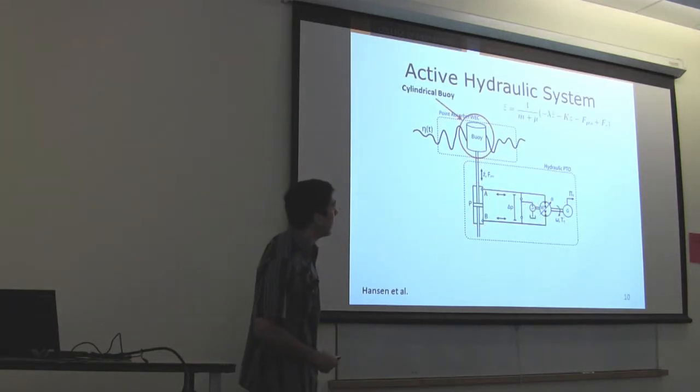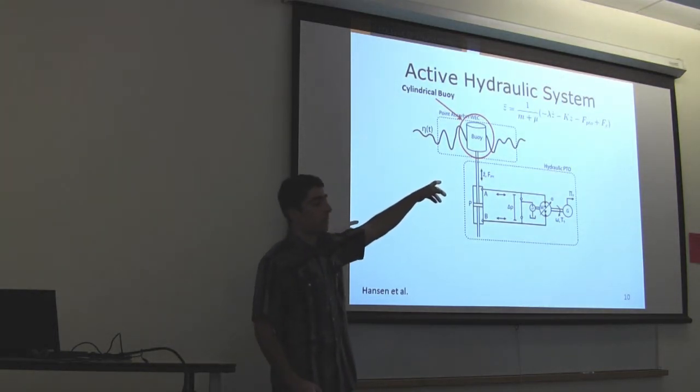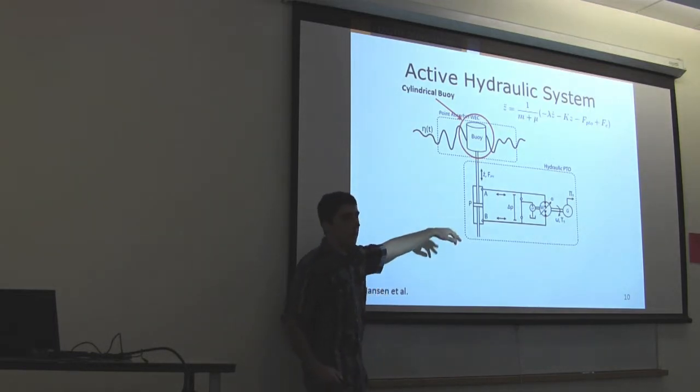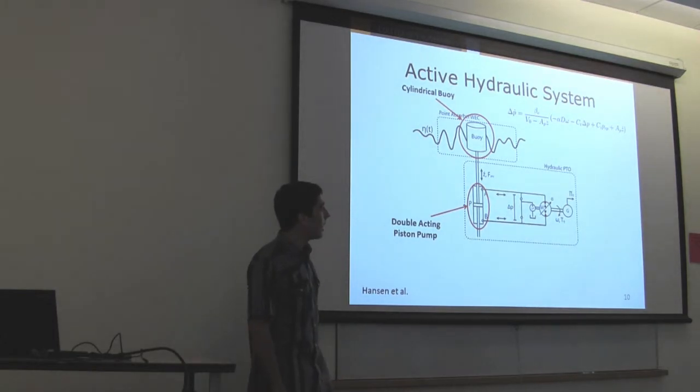So for the buoy, we see the force of the PTO is basically the difference in pressure between these two sides, and that gets coupled. And this is the change in pressure, so you can figure out what your instantaneous pressure is in the two sides, and that way you can see the force. So that's a function of z dot, right? So yeah, it's a function of how fast the buoy is moving up and down, right?